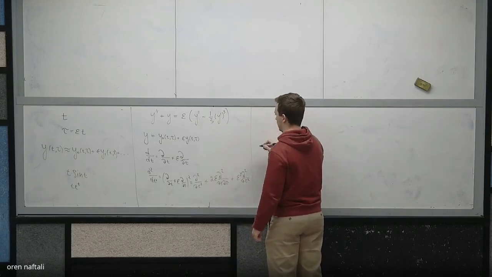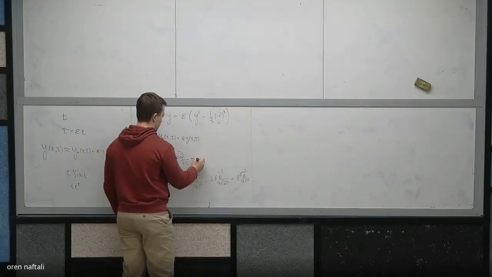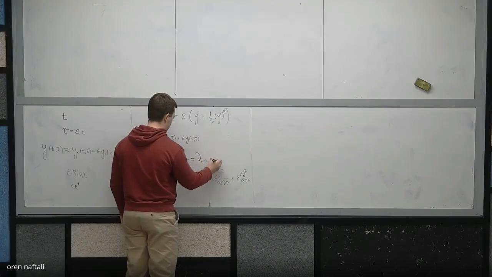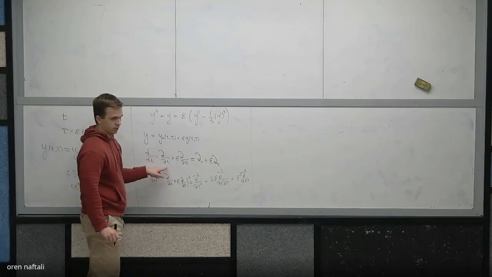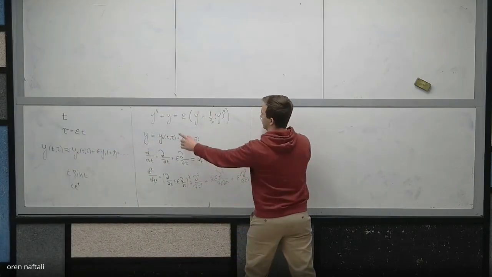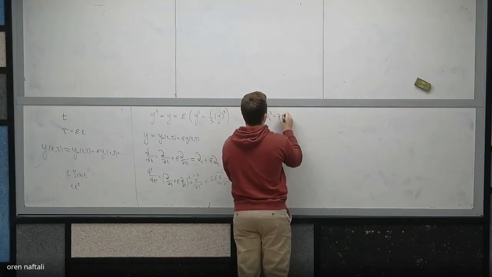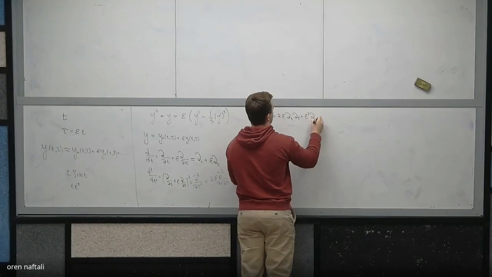Let's rewrite this equation and plug in this expansion. For shortcut notation, I'll use d_t and d_tau like this. So here we have d_t squared plus 2 epsilon d_t d_tau plus epsilon squared d_tau squared.